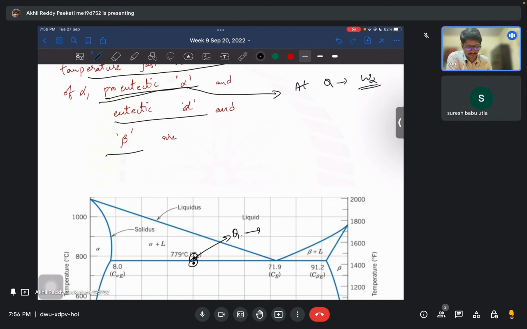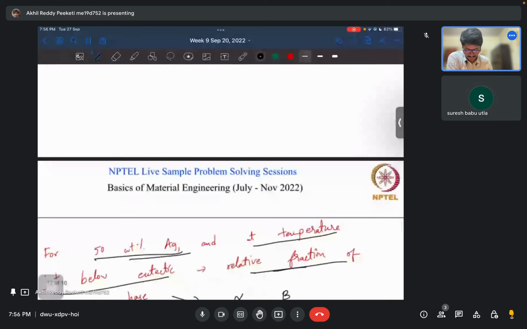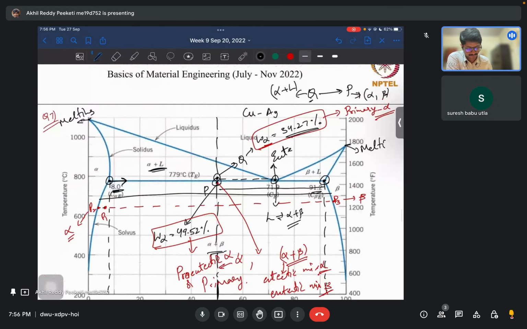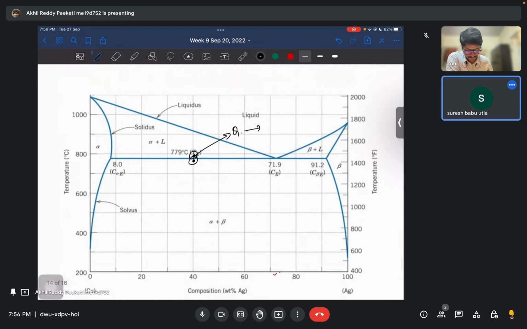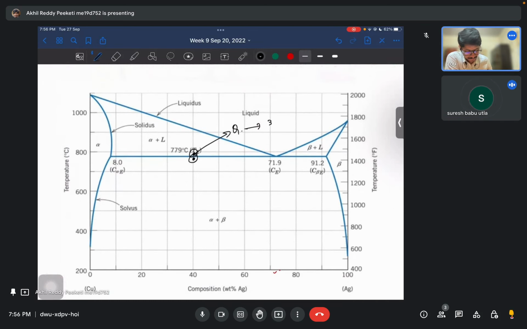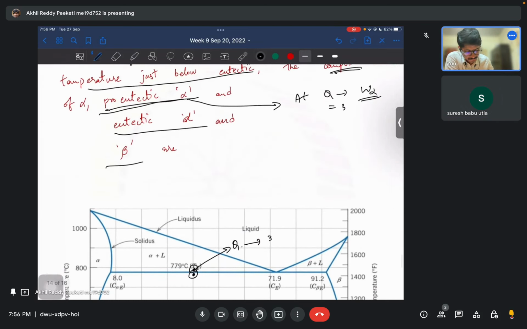So this we have already solved: at Q we got a percentage of alpha as 34.27%. So this much is already solidified to alpha.